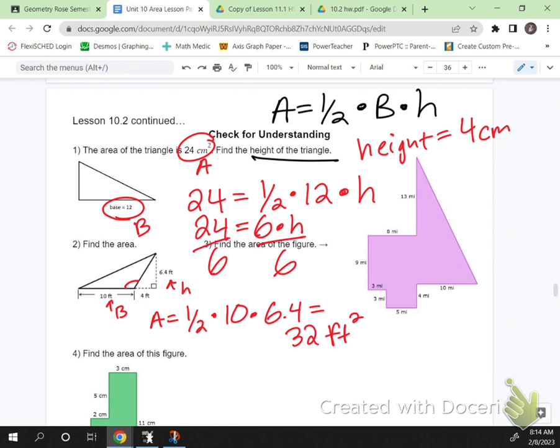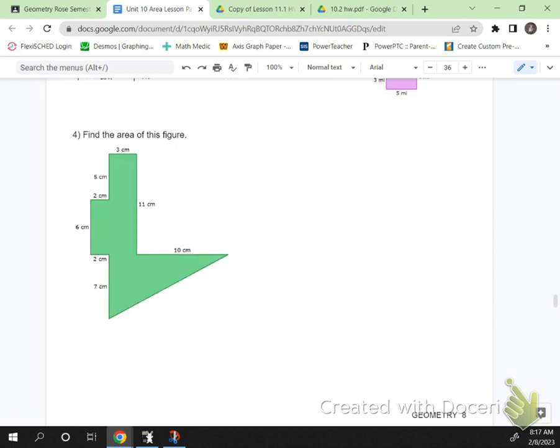Composite areas. You saw some composite areas yesterday with rectangles and squares, and now we just added in a triangle. So I'm going to make some sections here. I'm going to make that a triangle, and it's a right triangle. So looks like my height is what? 7. And how long is the base?